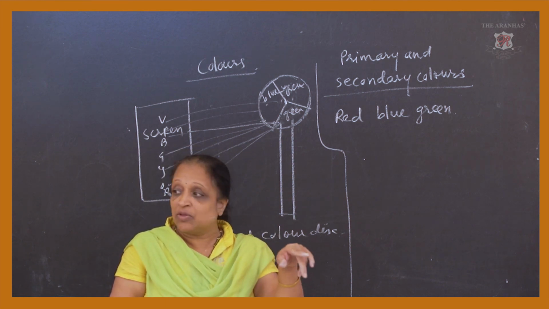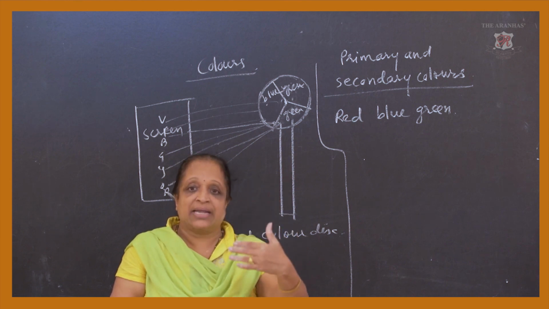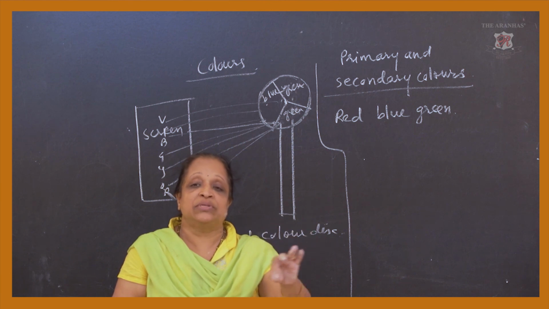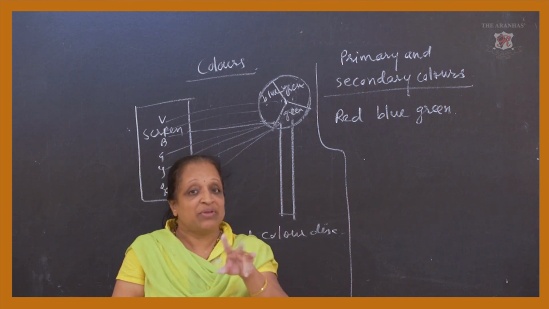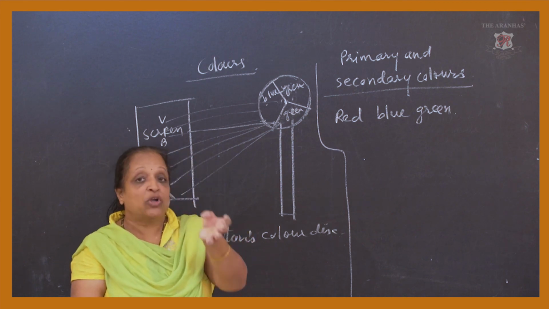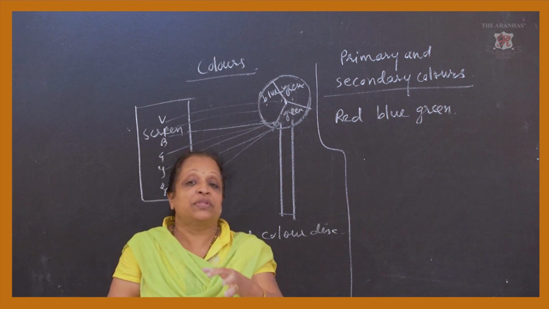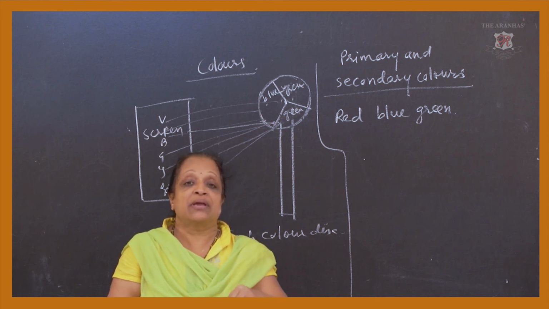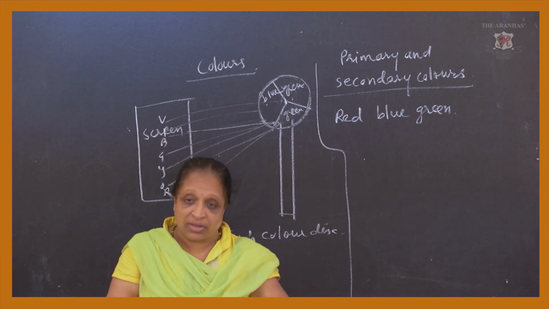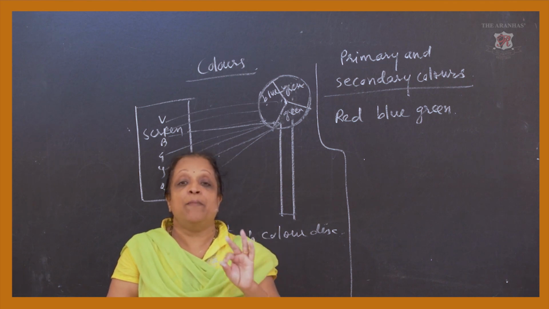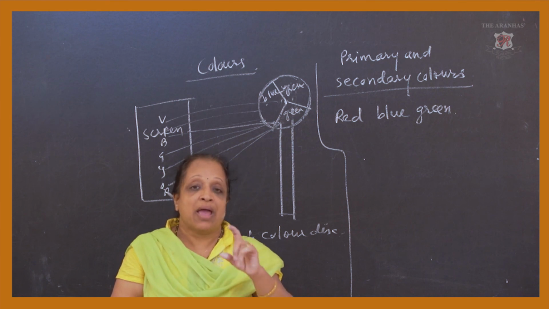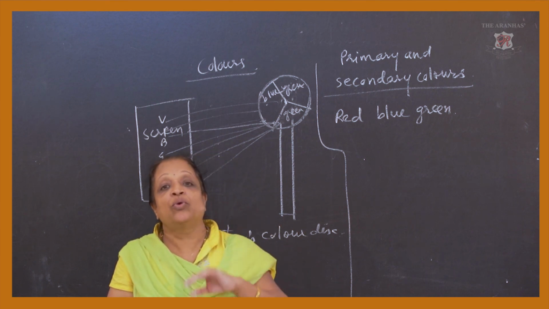By mixing those colors in white, we get different shades: light blue, dark blue, and in between blue we have greenish blue. The reason is that we want to get a good effect of the colors, and therefore these are called the primary colors. Beyond this, white is the basic color which helps you mix it in any other color and get a good effect.